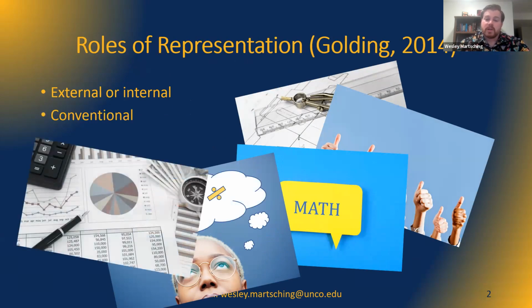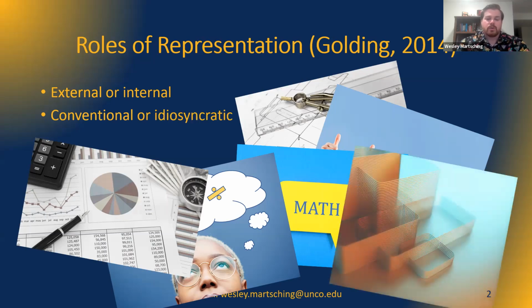They can be more conventional, so graphs and tables that we're all accustomed to using, or they can be more idiosyncratic, so created by an individual for the moment that they're interacting with. I will be primarily focusing on external representations and more or less toward the idiosyncratic side as well.